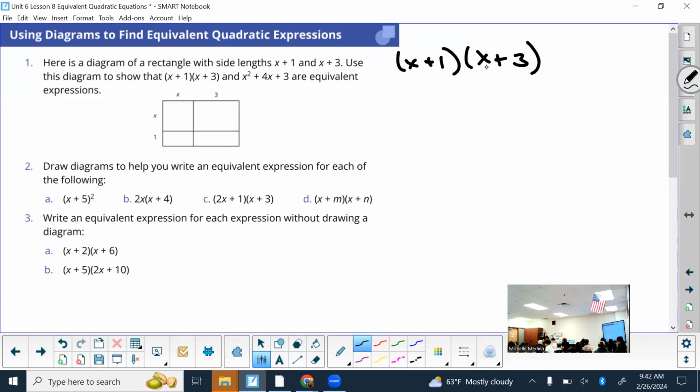You have a few methods. You could use the area model, where x plus 3 would be this whole side length, and x plus 1 would be that whole side length. And you're finding the area of each individual rectangle. So like, class, what's x times x? Good. What's x times 3?